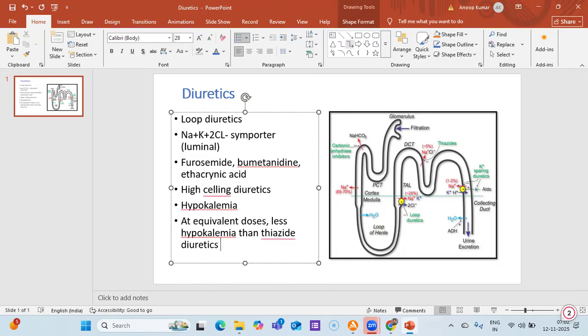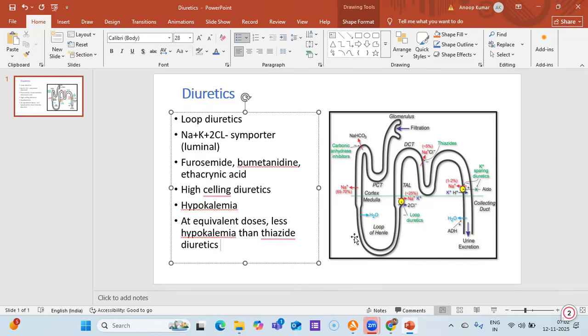You can see the locations: loop diuretics block here, and thiazide diuretics block here in the distal tubules. If it is blocking here, there is less chance for potassium to be reabsorbed back. But here, potassium again has a chance to be reabsorbed much more as compared to thiazide diuretics. So if you give the same doses of loop diuretics or thiazide diuretics, you will get less hypokalemia with the loop diuretics.